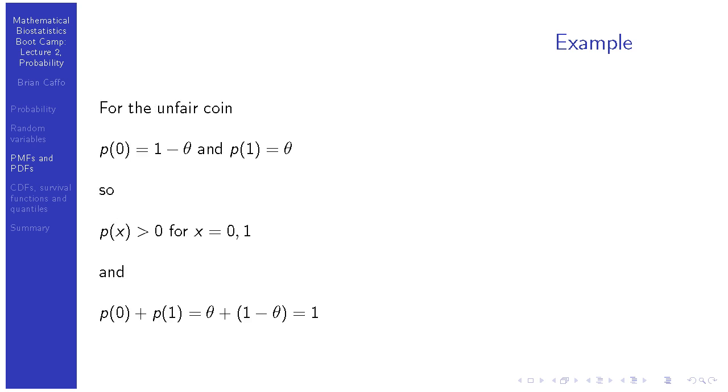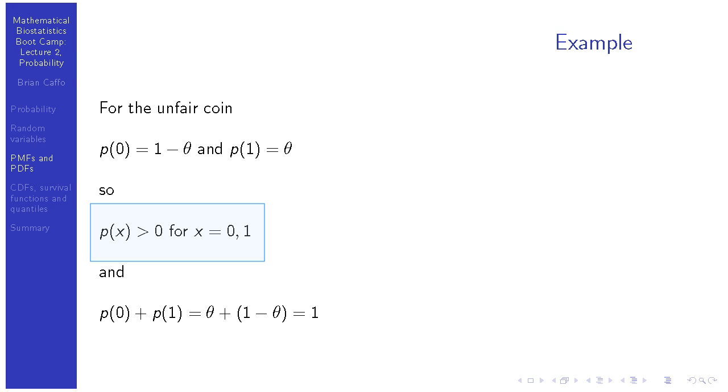So consider again the unfair coin. Our probability mass function satisfies p of 0 equals 1 minus theta and p of 1 equals theta. Let's just go through the exercise to prove to ourselves that this is in fact a probability mass function. It's greater than 0 because it's 1 minus theta for 0 and theta for 1, and in this case theta is between 0 and 1.